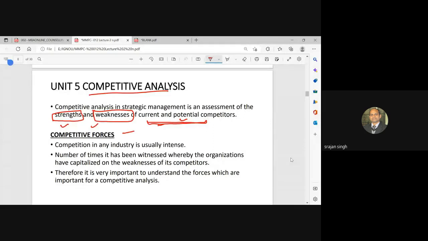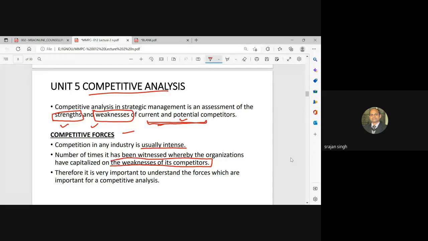Competition in any industry is usually intense. A number of times it has been witnessed that organizations have capitalized on the weaknesses of their competitors.